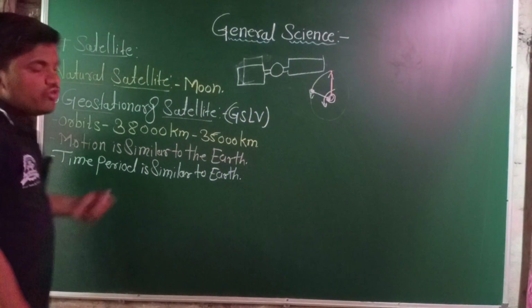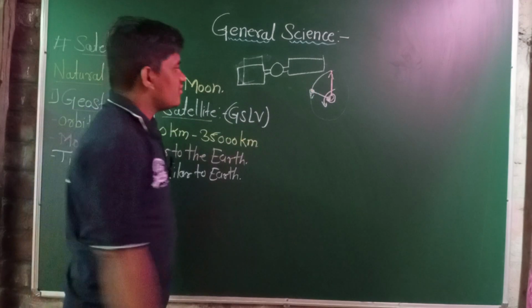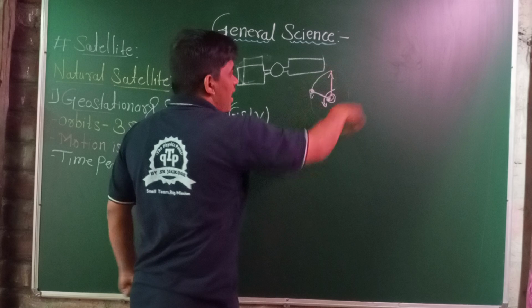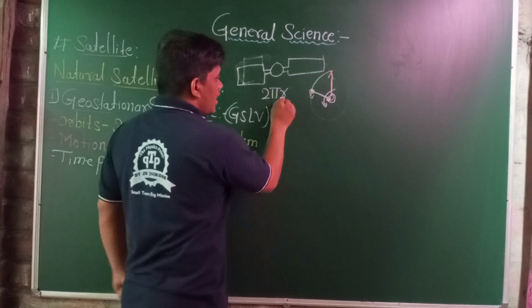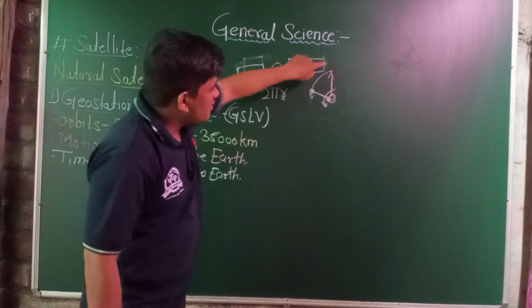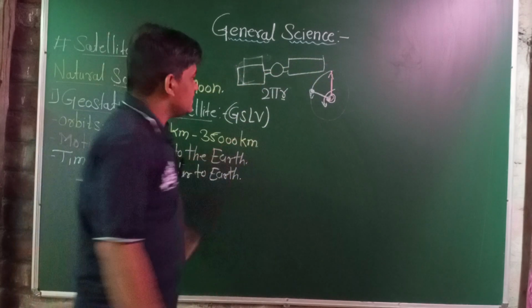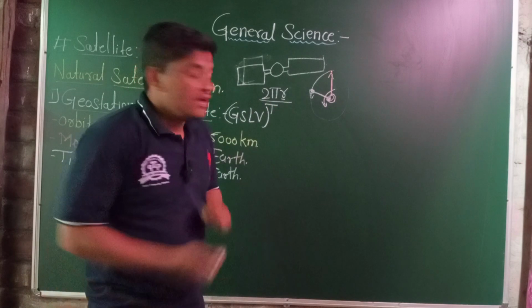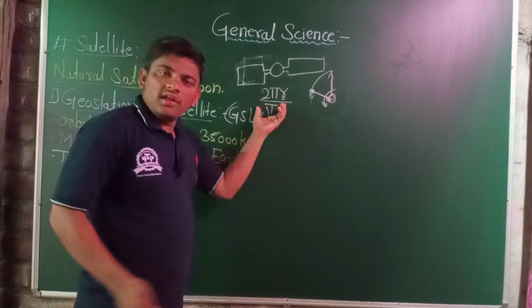The speed of the satellite is more than the speed of the Earth's surface because the radius is more. The path is calculated by 2 pi r, the total path covered by the satellite, divided by T, the time period. Distance upon time equals speed. T is 24 hours.